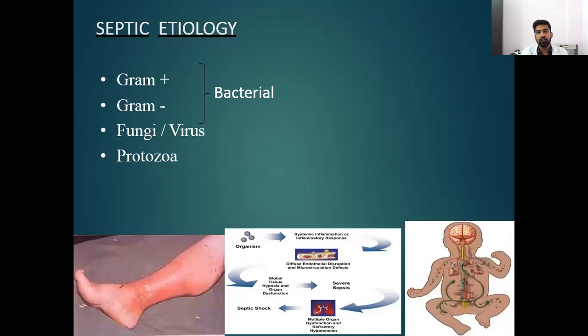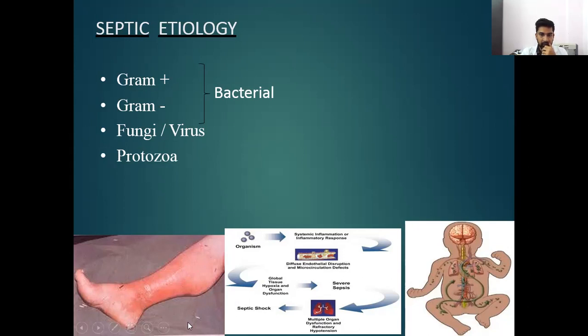Septic shock. As you know, the word septic itself means infection. Infections can occur due to various bacterial organisms, gram positive and negative, and fungi, virus, protozoa can also cause septic shock. Image 1 shows a clinical image where septic shock has occurred, and image 2 shows how septic shock occurs.